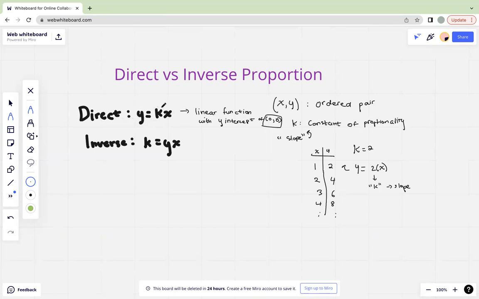Let's think of an example where you would use direct variation. An example is hours worked to wage earned. Say you're in a babysitting job, and per hour you work, 1 hour gives you $7.